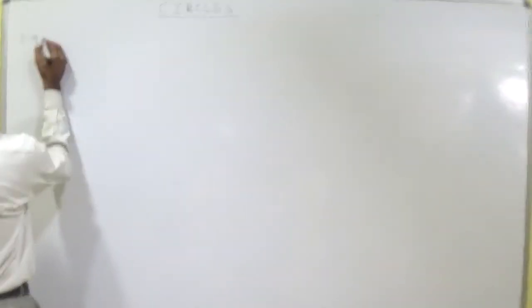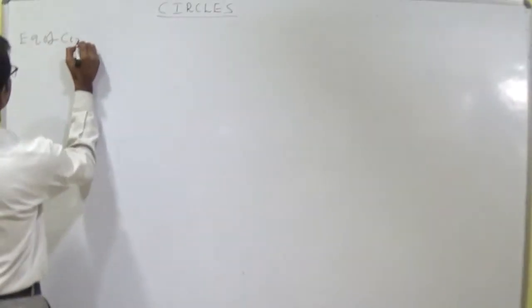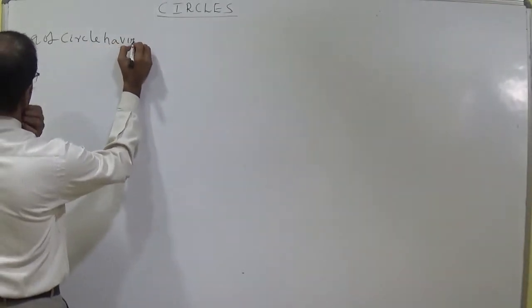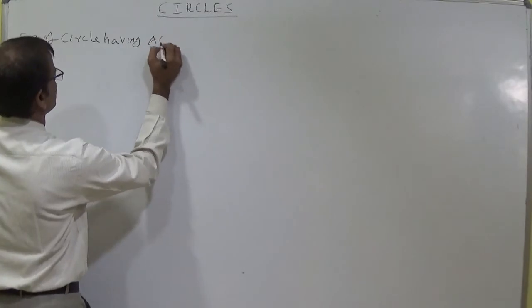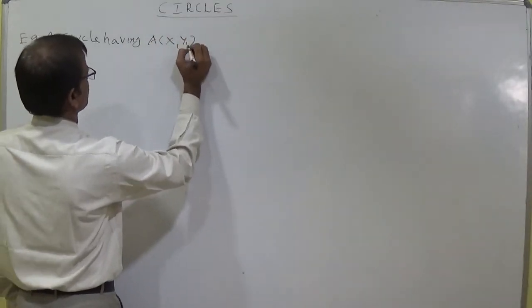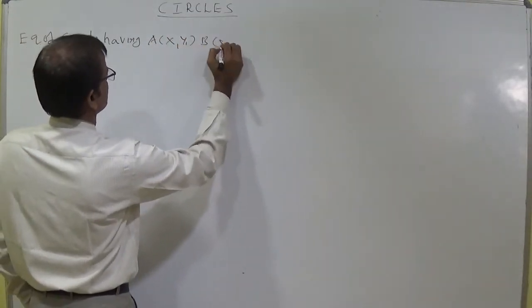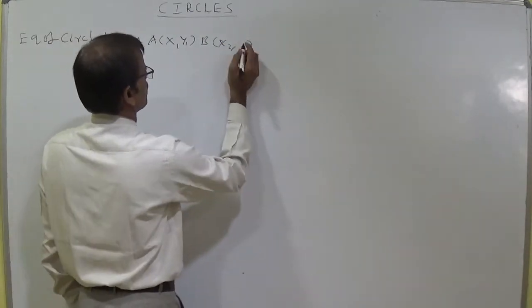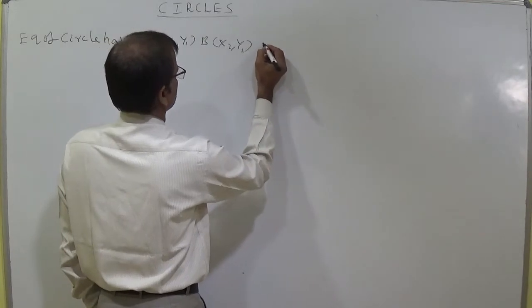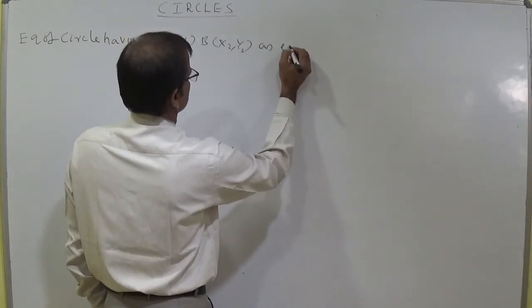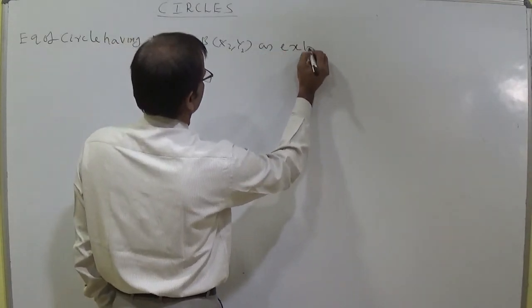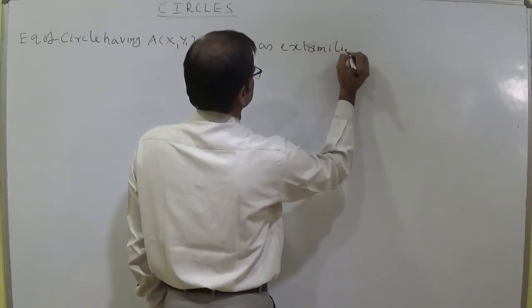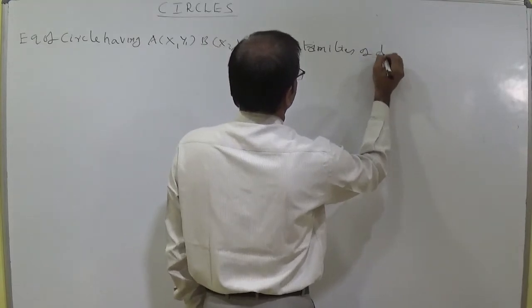Equation of circle having A(x1, y1) and B(x2, y2) as end points or extremities of diameter.